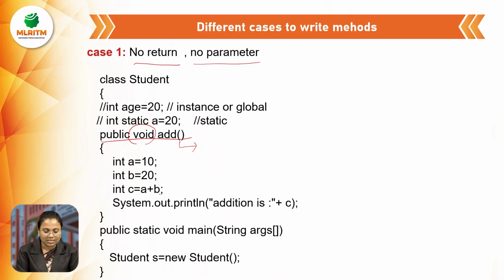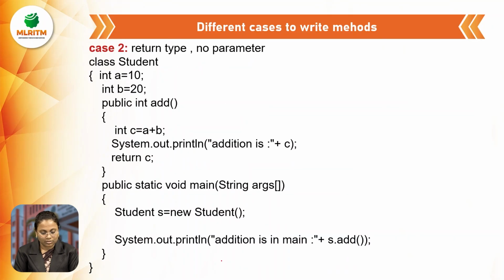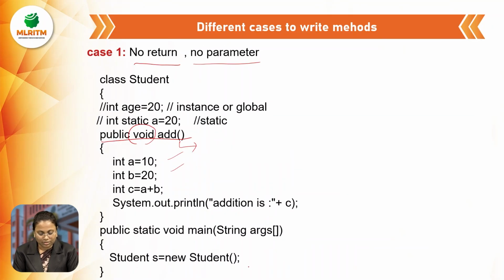If you see this simple logic, I have taken 2 variables inside the method and performed the addition operation. Here, Student s is equal to new Student. Some lines are missing here, so I'm writing now s dot add. In any Java program, the JVM will start executing from the main method.